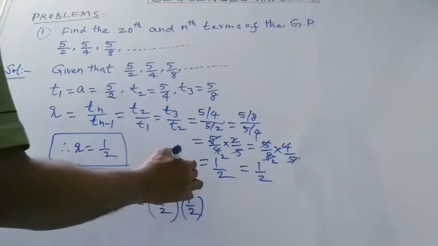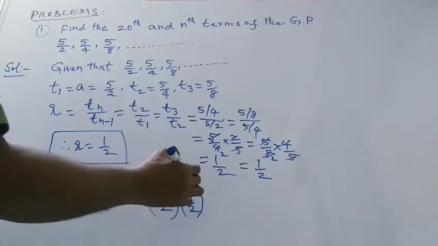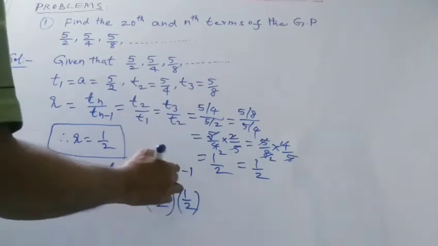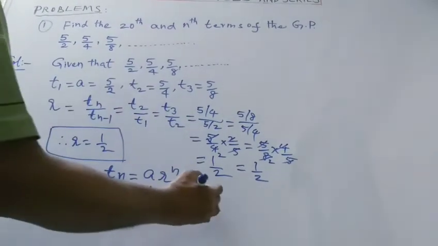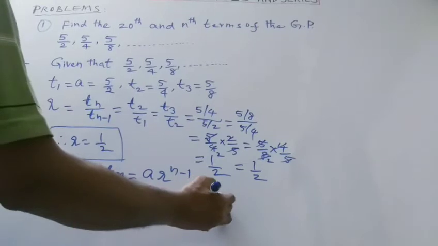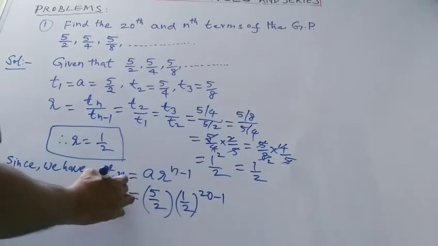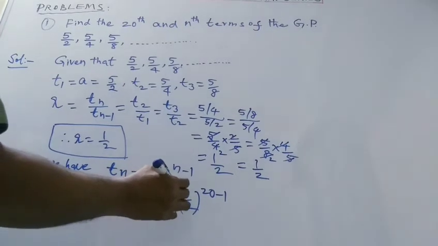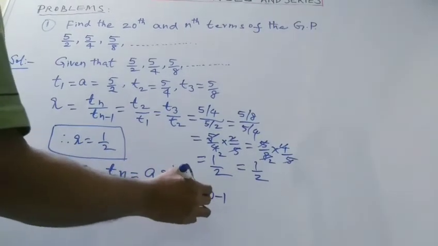So n is equal to how much? n is equal to 20. That means T20 is equal to 5 by 2 into 1 by 2 all to the power of 20 minus 1. Why?